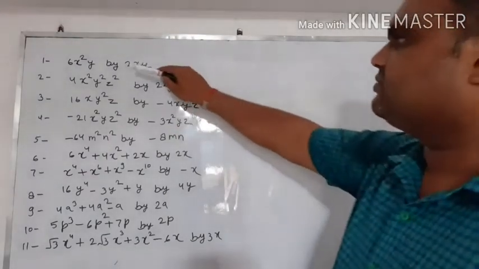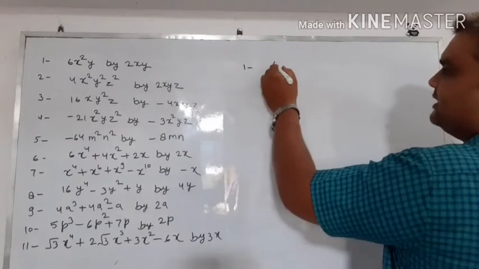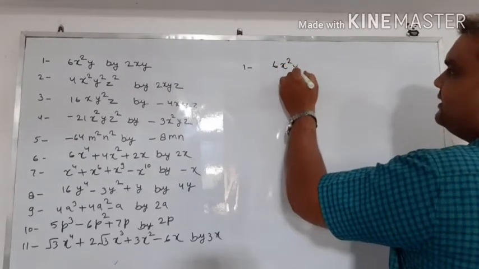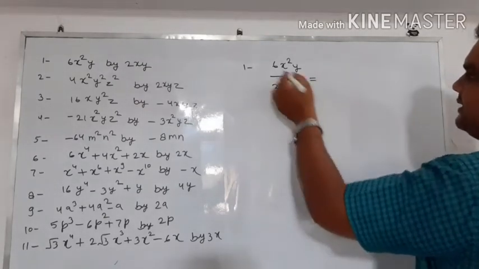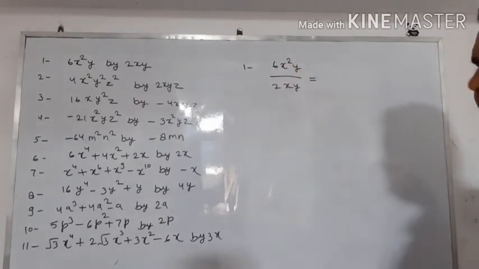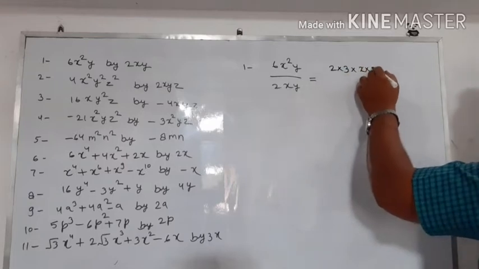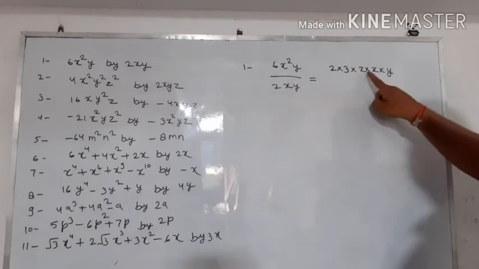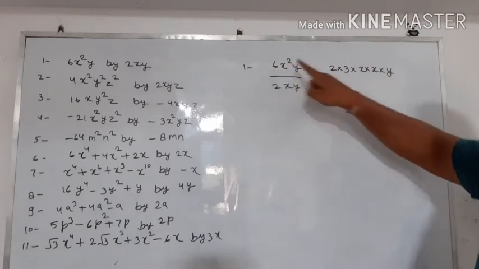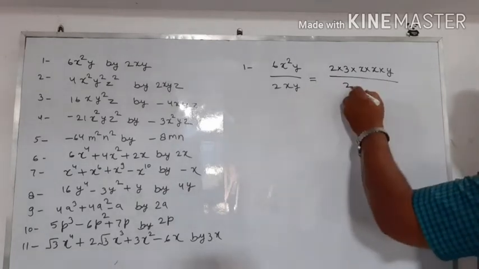We can write this as 6x square y upon 2xy. Then 6 we can write as 2 into 3 into x into y, because x square we can write x into x, and 6 we have written as 2 into 3, upon 2xy.